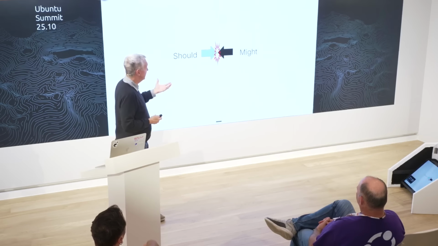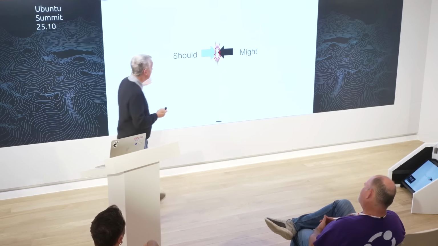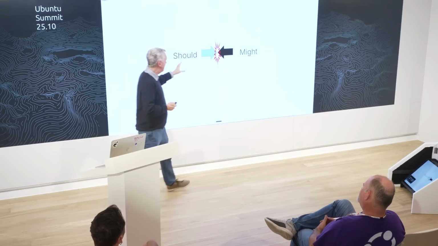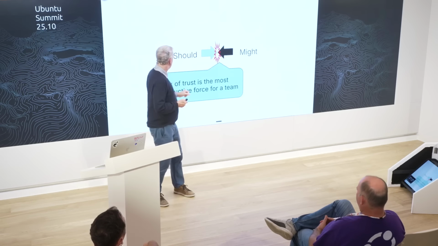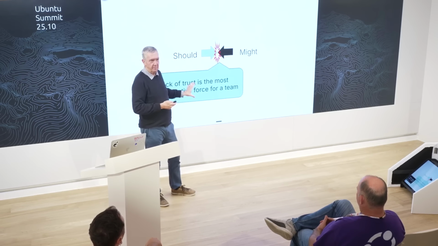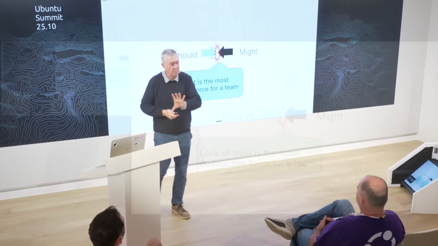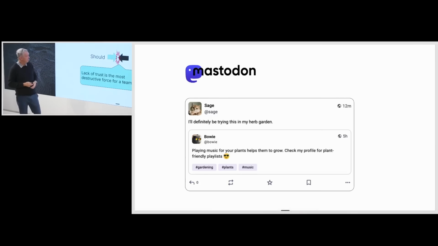So my point here is that if we want to think about the future, we have to understand that both of these are important and they have a tendency to collide, but they shouldn't. And it's so easy to get around that. The lack of trust is the most destructive force on any team. And so if you can get it so that the programmers trust the engineers, and the engineers trust the designers, and the designers trust the programmers, everything goes so much better.